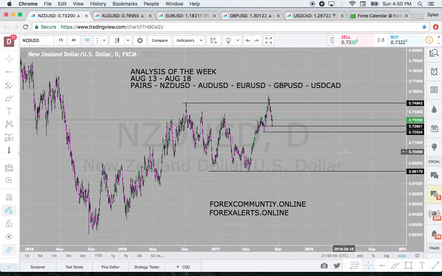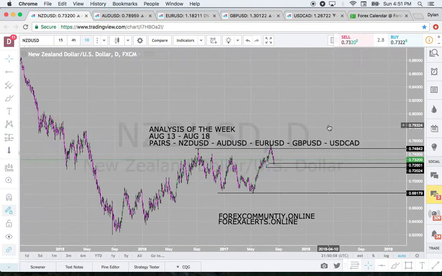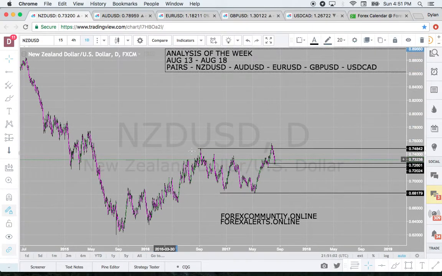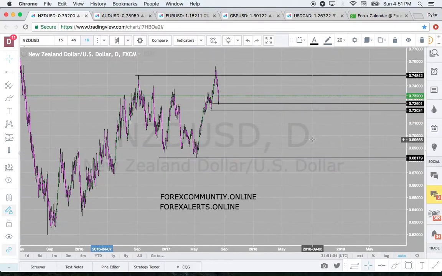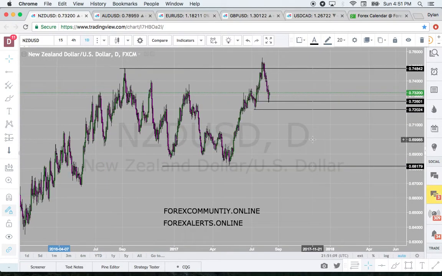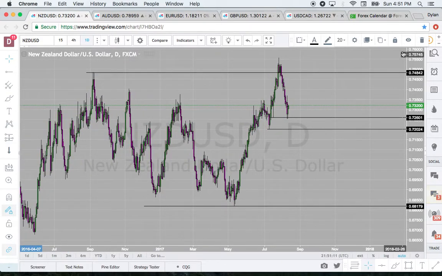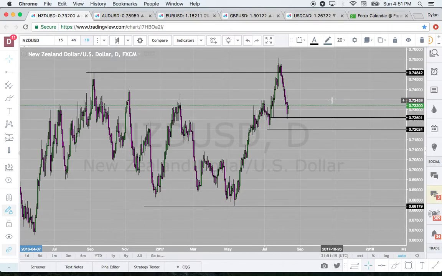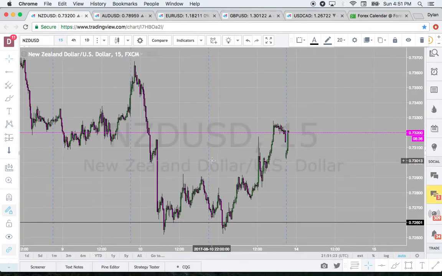So, let's get started with NZD USD. We are on the daily time frame. Looking at it here, we are about 50 minutes into market open, so almost an hour ago the market opened, and I do believe there is a small gap.